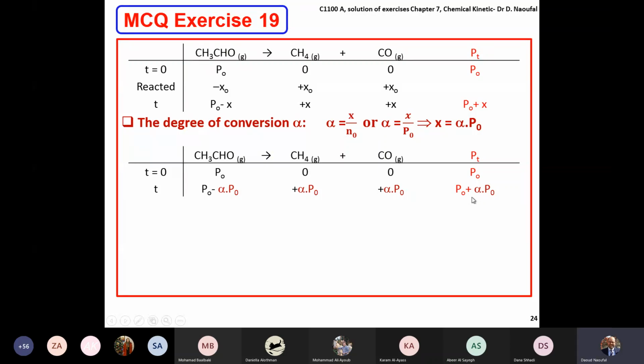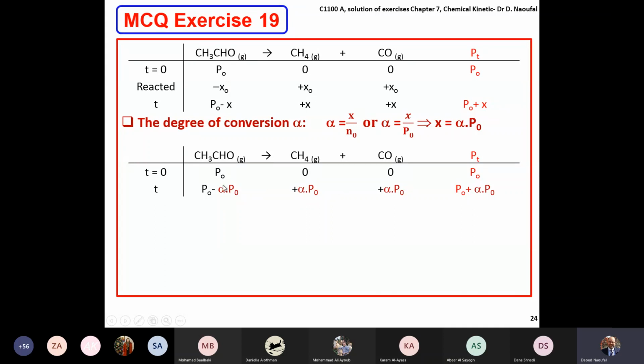So till now, I transformed the table of conversion according to the pressure P0 and X, or in other words, in another form, according to the pressure and the degree of conversion.